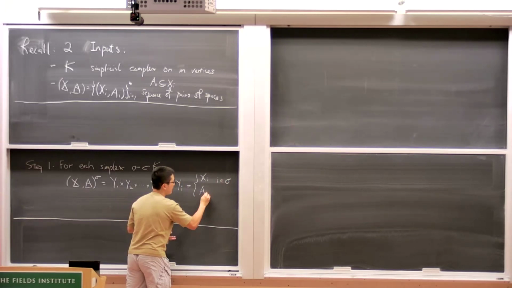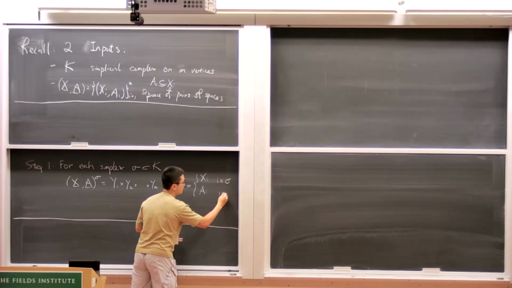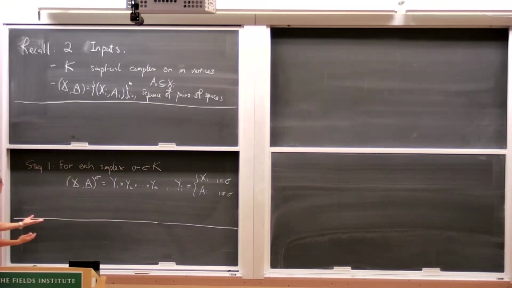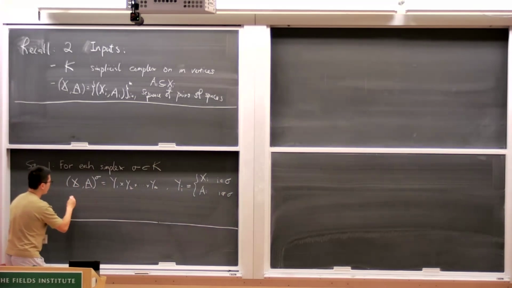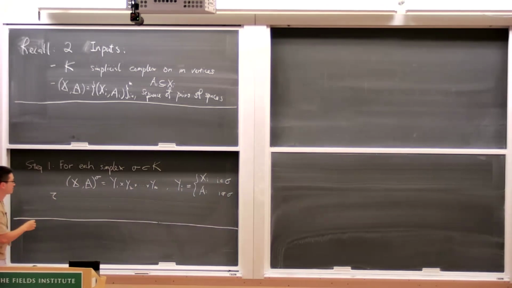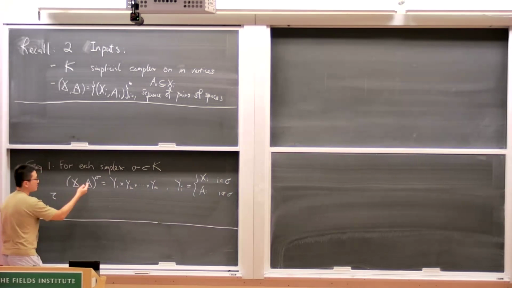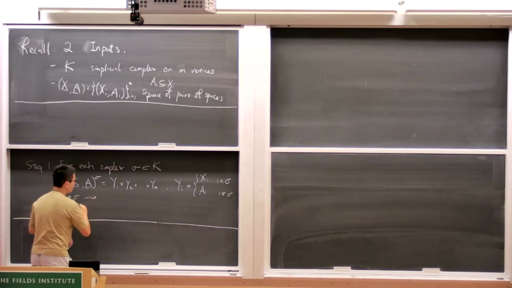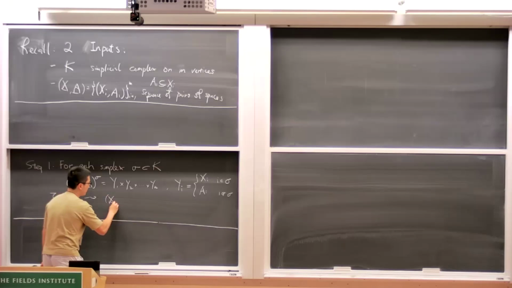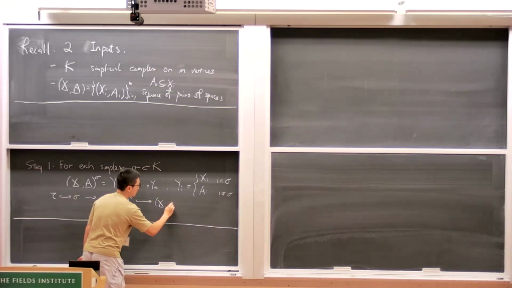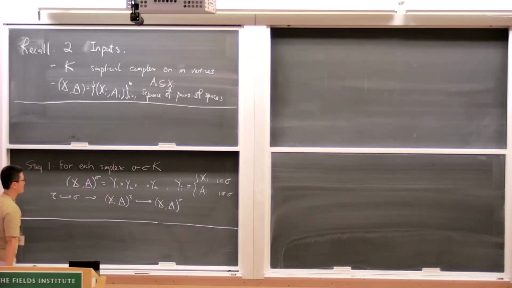Otherwise, we just take Y_i to be A_i. And if we define it this way, the good thing is that if we have another simplex tau, which is a subsimplex of sigma, then the inclusion of simplices from tau to sigma will induce a space inclusion from the polyhedral product of tau to the polyhedral product of sigma.